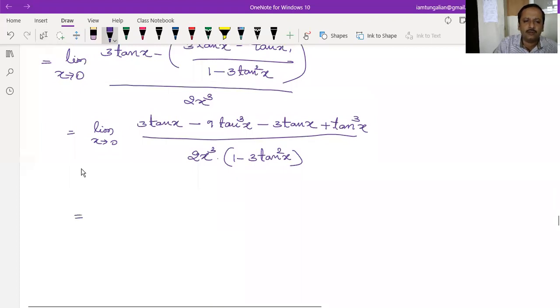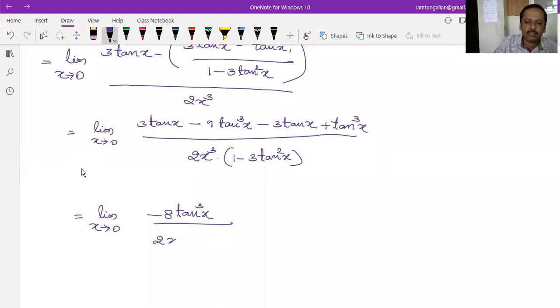That's equal to limit x tends to 0. So here 3 tan x gets cancelled. Minus 9 tan cube x plus tan cube x will give you minus 8 tan cube x, divided by 2x cube into (1 minus 3 tan square x).